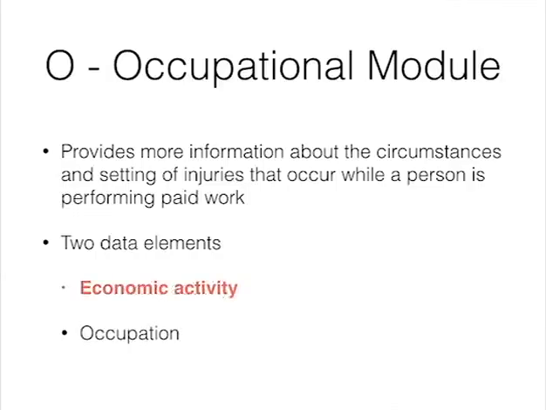Economic activity is the type of industry or business the injured person was working at the time of injury. Examples are agriculture, fishing, mining, real estate, health, or social work. Occupation is the type of paid work the injured person was engaged in when the injury event took place, such as professionals, technicians, service workers, and the like.